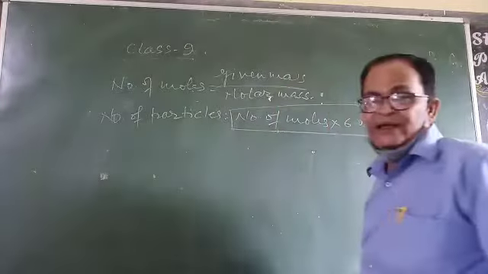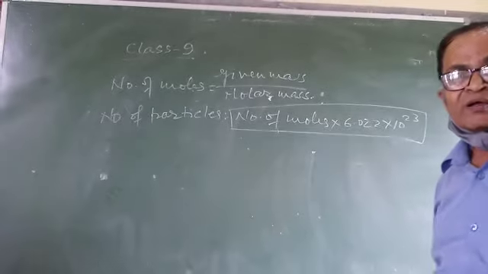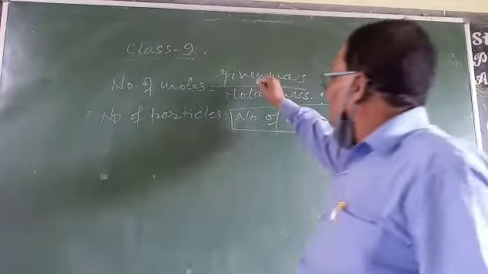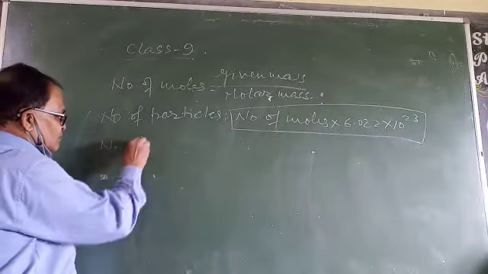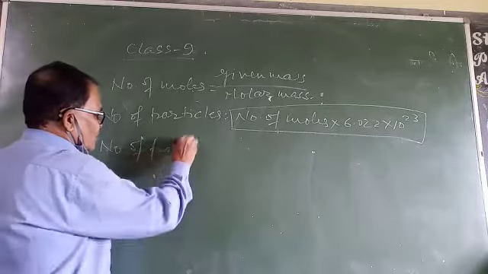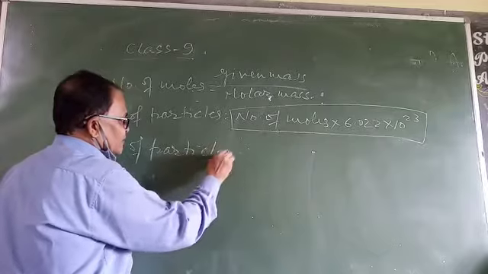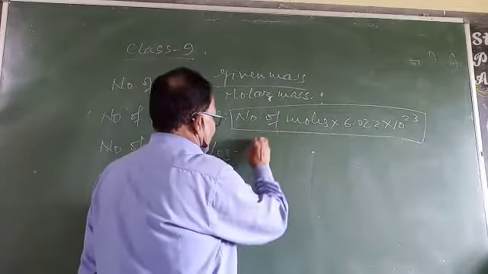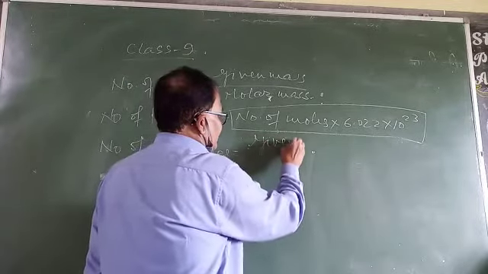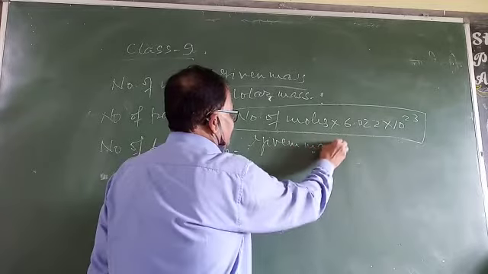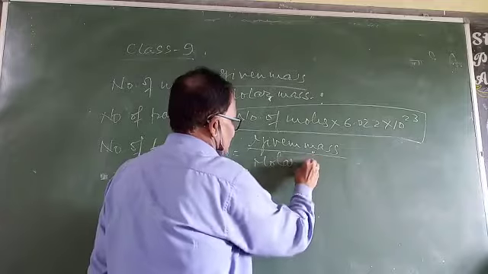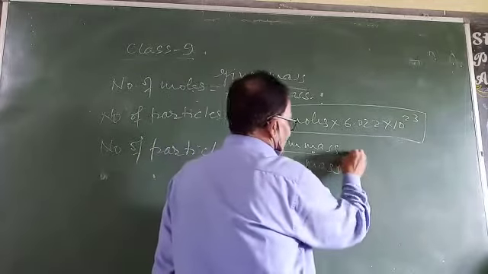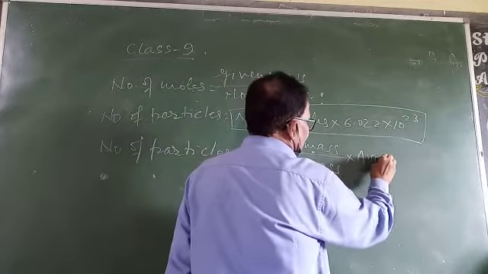It will be clear that number of particles equals given mass of a substance divided by molar mass, into Avogadro number.